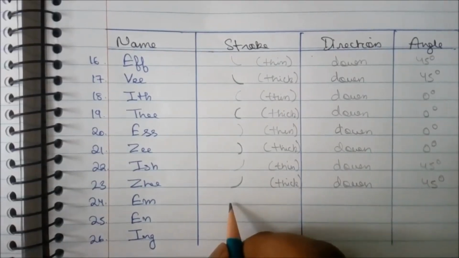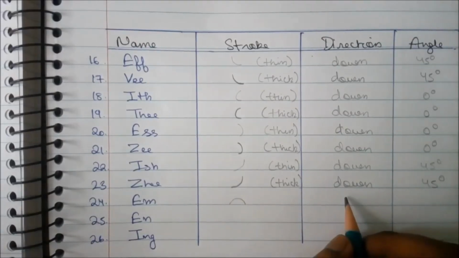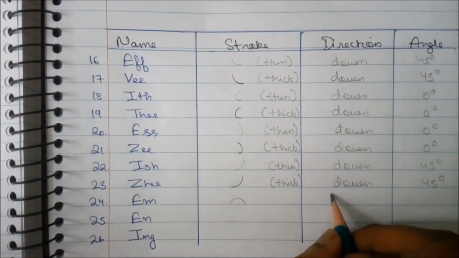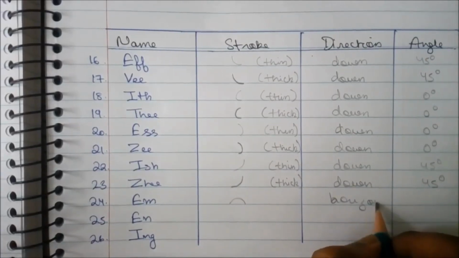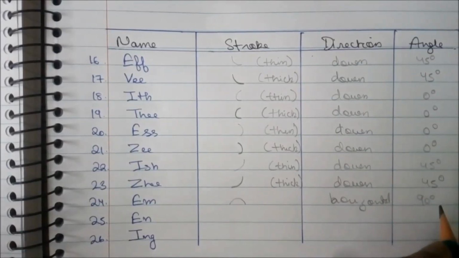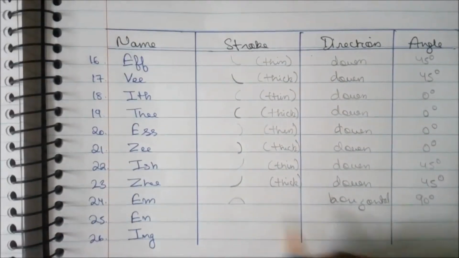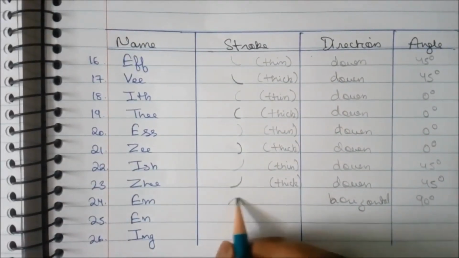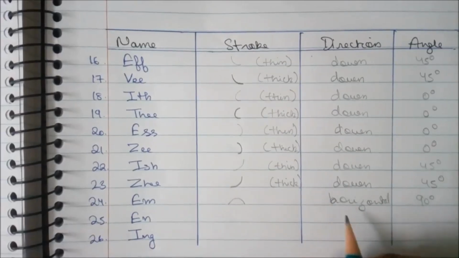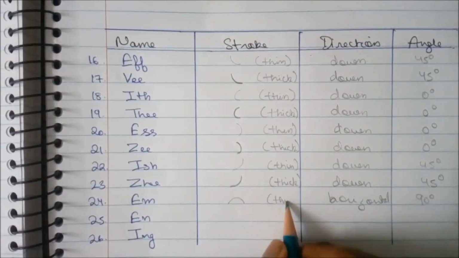Now the 24th stroke is M. It is a horizontal stroke and it makes an angle of 90 degree. You will use the thick stroke of M afterwards in the further lessons, so for now you have to draw it thin.